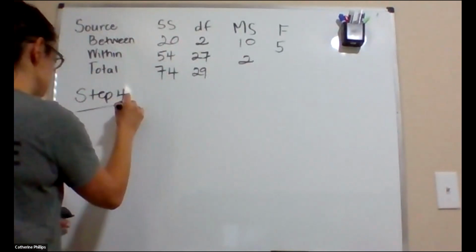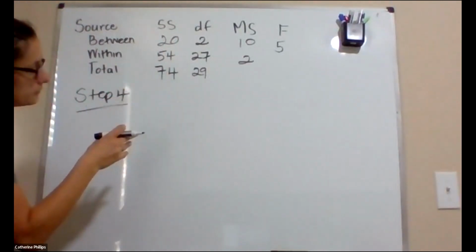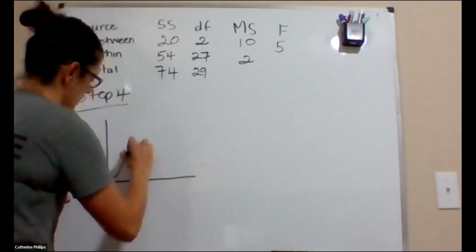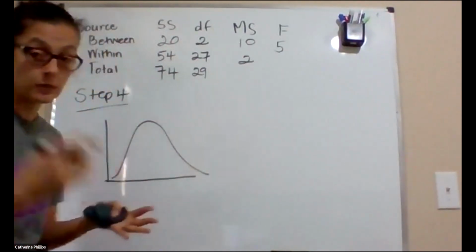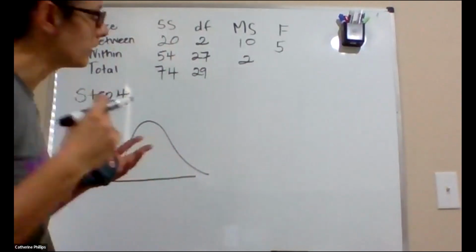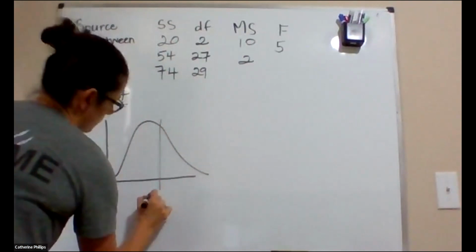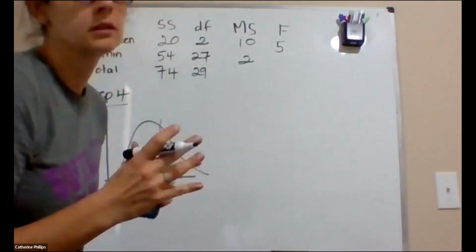Step 4. For step 4, we need to compare the value that we calculated to the value from our table that we got in step 2. The value in the table was 3.35.